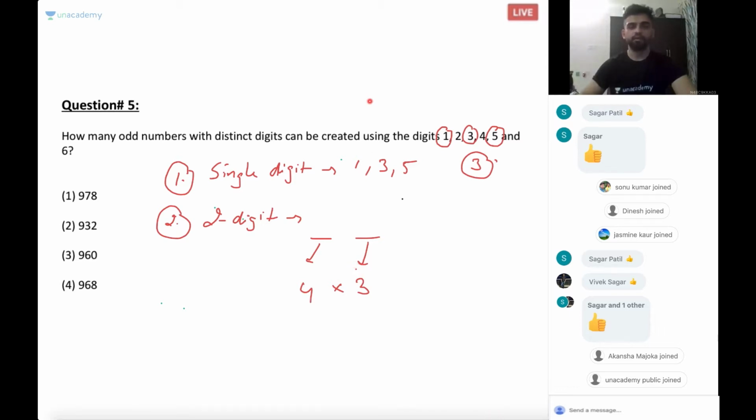So this becomes 4 into 3, 12 possible values. Okay, we have 6 also. This is going to be the rest 5 numbers. Therefore, there are 15 such numbers.